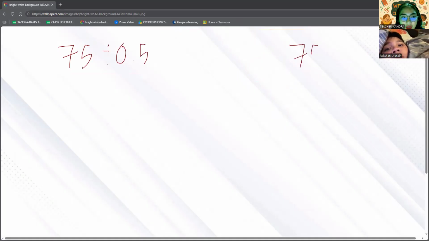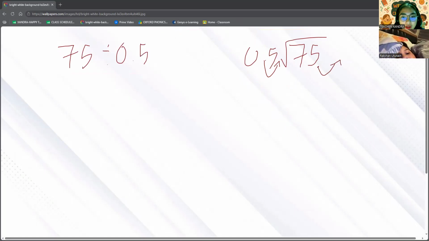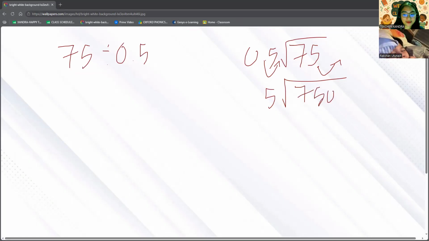So 0.5 moves one place to the right and another one here. So 5 and then 750. And then 1, 5, 2.